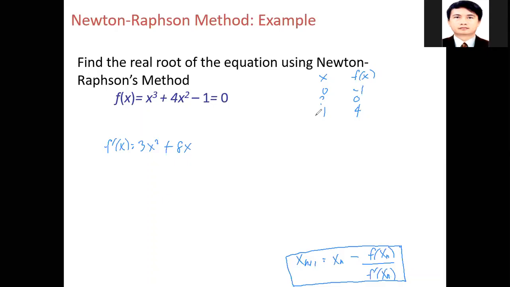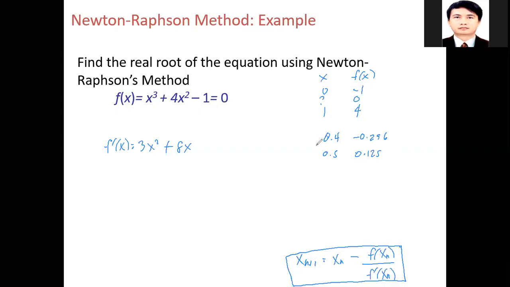If you try to observe the values, the change in sign happens between 0.4 to 0.5. So this is 0.4296, then 0.5, 0.125. If you compare these two by taking the absolute value, this value of f of x, 0.125, is close to 0.